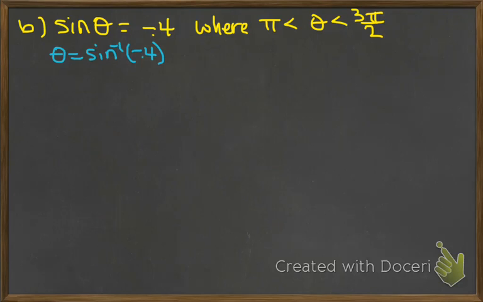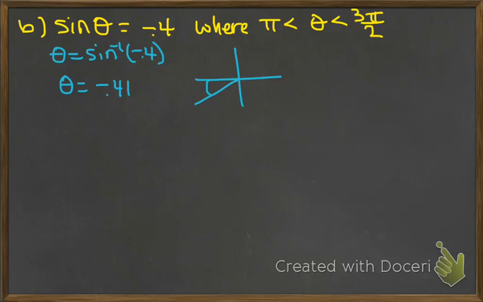Once you've got your calculator set to radians, type in the inverse sine of negative 0.4, and you should get theta to be negative 0.41. But again, negative 0.41 is not between pi and 3 pi over 2. That range would be the third quadrant, so I want something in there.